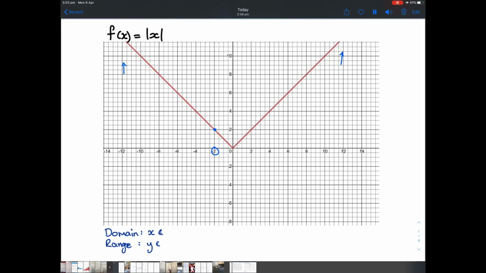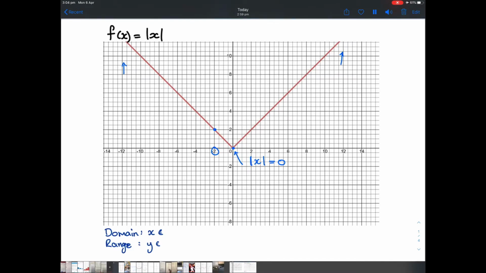And when we've got just the absolute value of x, our sharp point is down here, and our sharp point happens when the thing inside the absolute value symbols, in this case x, is equal to 0. So whenever the thing inside the absolute value equals 0, that's where our sharp point is going to occur.